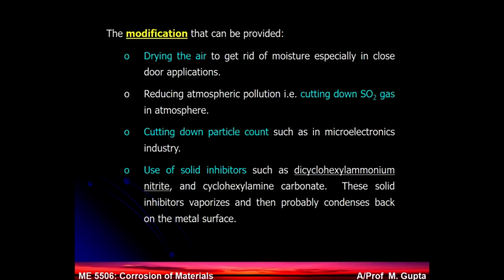Immediately you are putting all this equipment at a high risk level of degradation. So under that situation, people use solid inhibitors. The very minute the humidity level changes beyond a certain level, these inhibitors start evaporating and form a mask on this equipment, protecting it from corrosion.